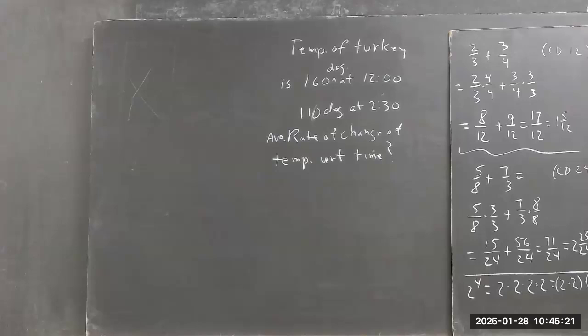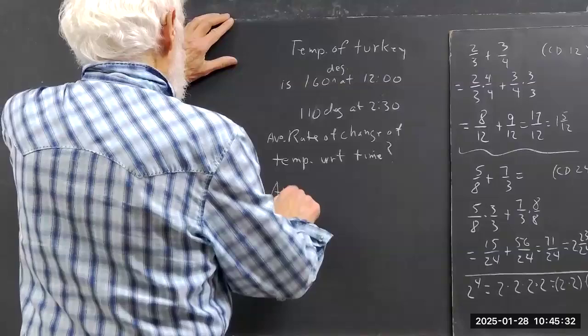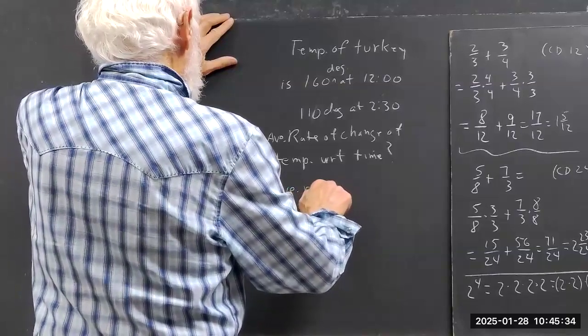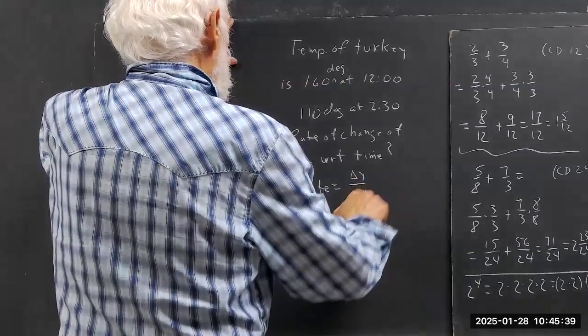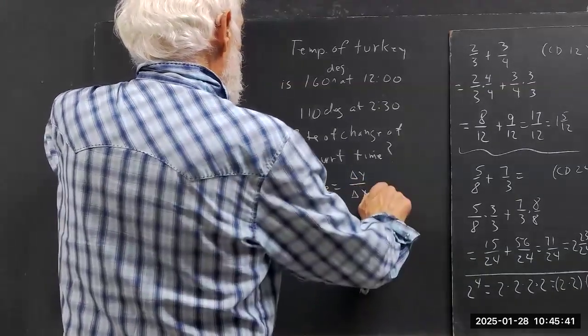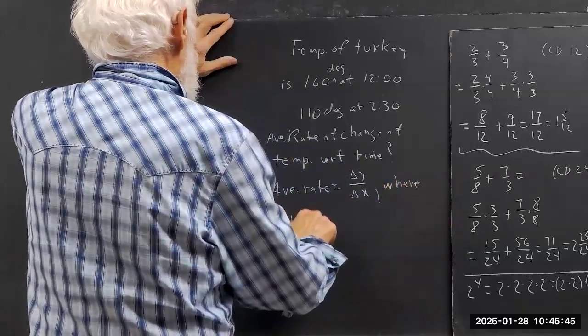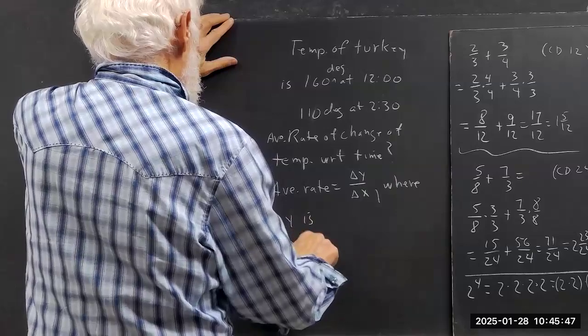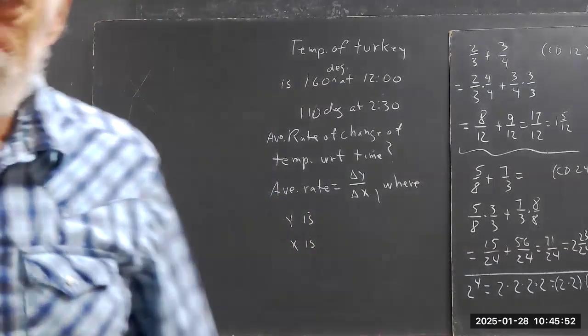Well, how do you start out? Start out the same way I did. Average rate is delta y over delta x. Y is what and x is what?